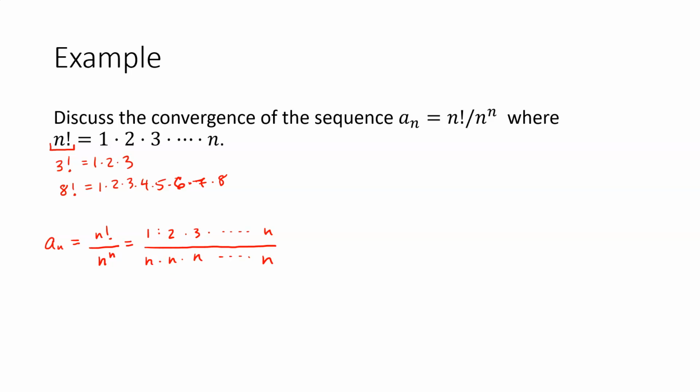So notice there will be a factor of n in the denominator that can be matched up with a factor in the factorial above. So we can group the terms like this: 1 over n times 2 over n times 3 over n, so on all the way out to n over n.